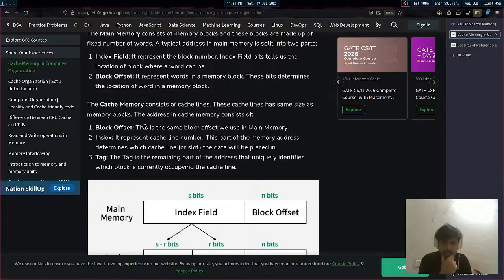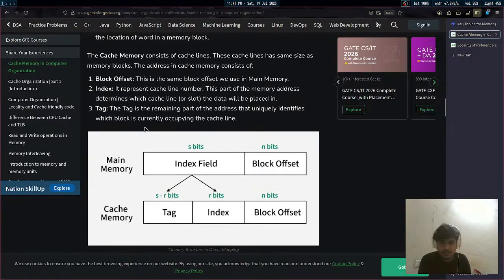Tag is the remaining part of the address that uniquely identifies which block is currently occupying the cache line. Tag is the name, right? Let me clarify this first. Tag and index, and again block offset will be there.